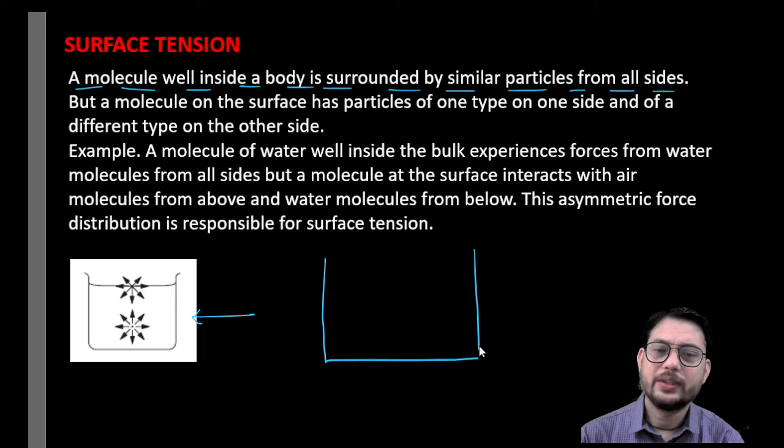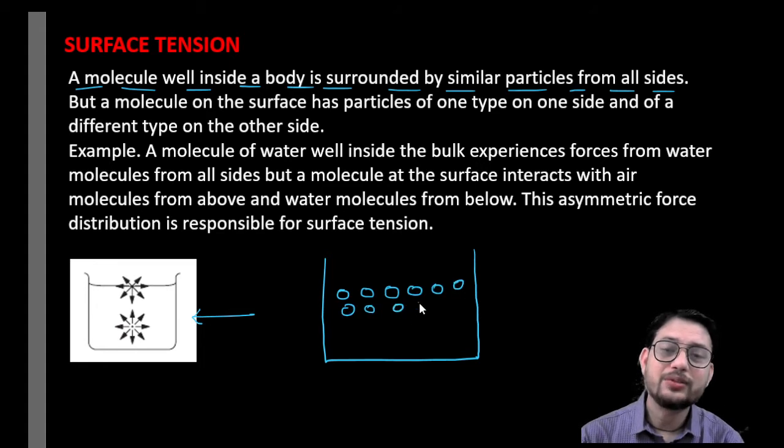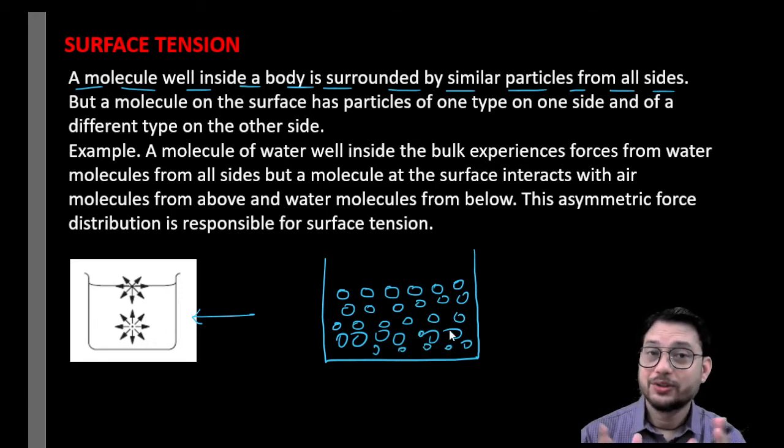Now we see it this way. Here is one water molecule, and here is another water molecule. There are several molecules, but each and every molecule is surrounded by similar types of molecules.